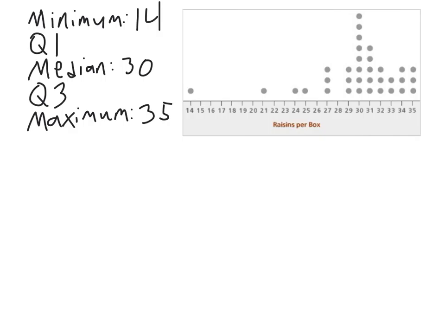And that does not include the middle dot if there is a middle dot. There wasn't one this time, so you don't have to worry about that part. So the first 17 dots, you then have to find the median of. That would be the 9th dot, which in this case turns out to be 29.